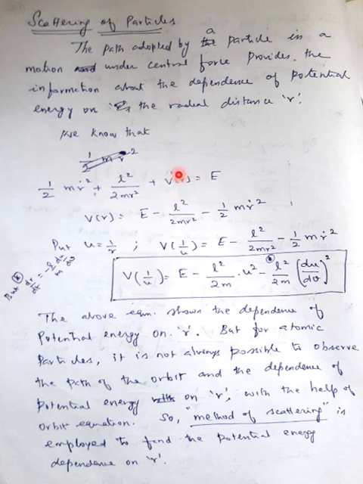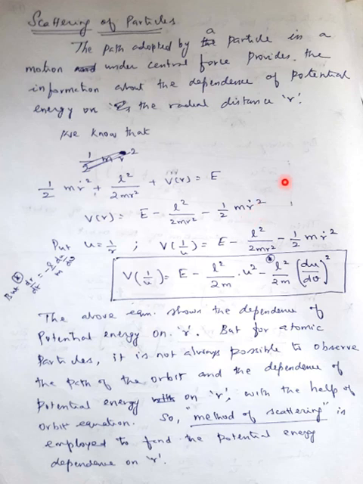The m cancels, so the remaining term is L square by 2m du by d theta the whole square. Just solve it. If you have any doubt, please ask. Therefore this equation becomes V of 1 by u is equal to E minus L square by 2m into u square minus L square by 2m du by d theta the whole square. This above equation clearly shows that the potential energy purely depends upon r.